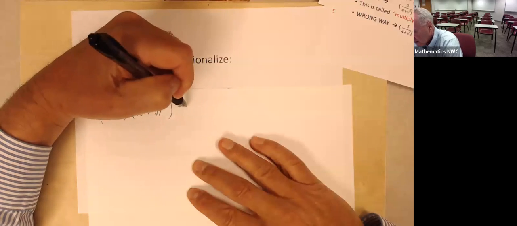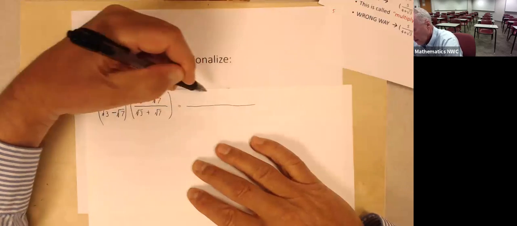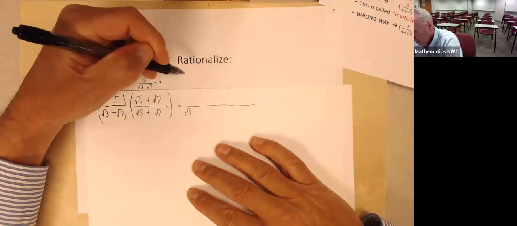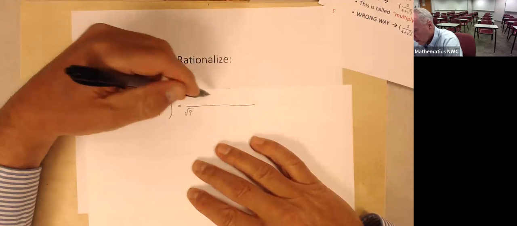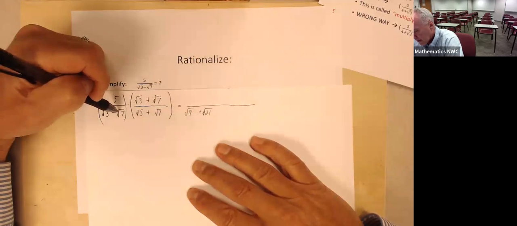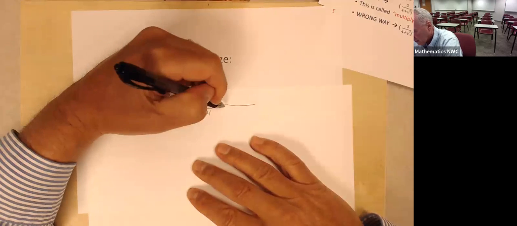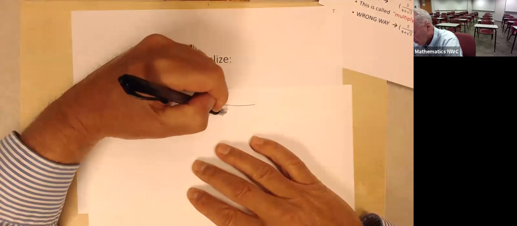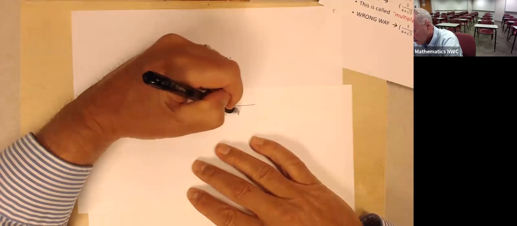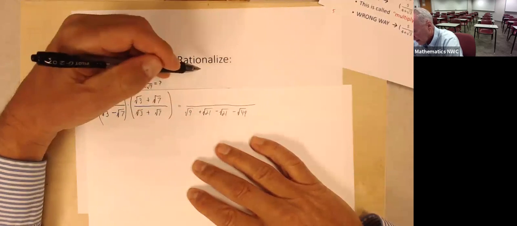Then I'm going to do the denominator first. Radical 3 times radical 3 is radical 9. Radical 3 times radical 7 is radical 21. Negative radical 7 times radical 3 is a negative radical 21. Negative radical 7 times a positive radical 7 is a negative radical 49.